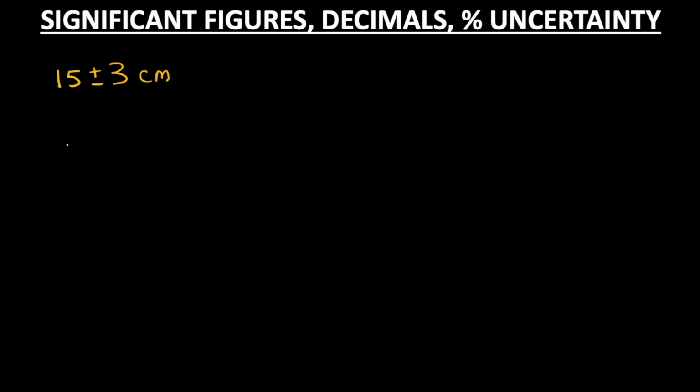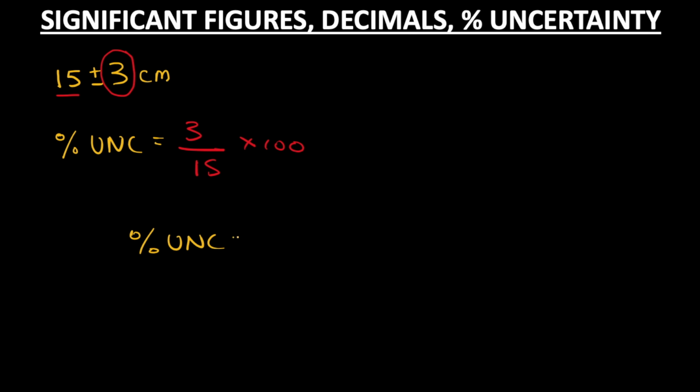Now to calculate the percent uncertainty, we have to take this value, the 3, and put it on top of this value and times by 100. Therefore, in this scenario, the percent uncertainty will be 20%.